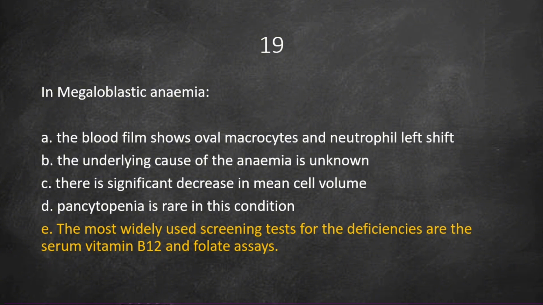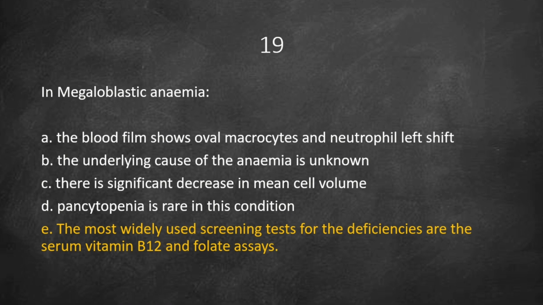Okay, so let's go through our answers one by one. Option A says that the blood film shows oval macrocytes and neutrophil left shift. So this option is partially correct.